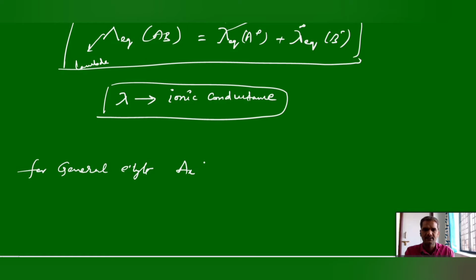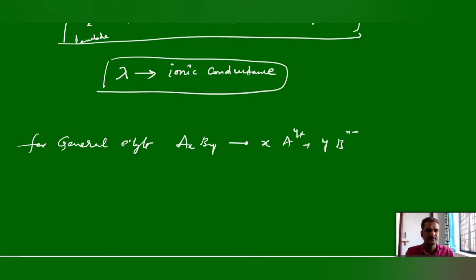If I take a general electrolyte like A X B Y, this can give the ions X A to the power Y plus and Y B to the power X minus, where A is assumed as a cation and B as an anion, so X number of cations and Y number of anions are produced.